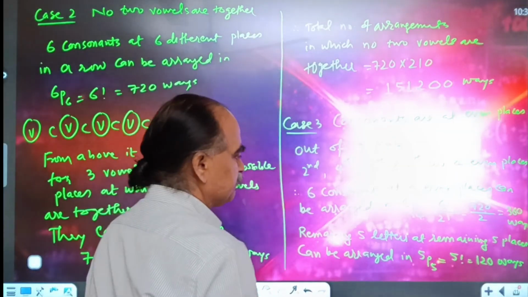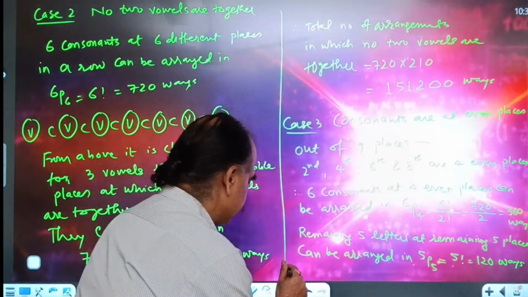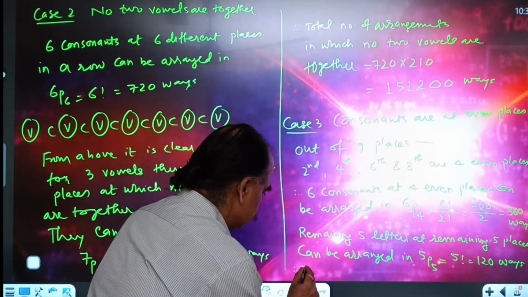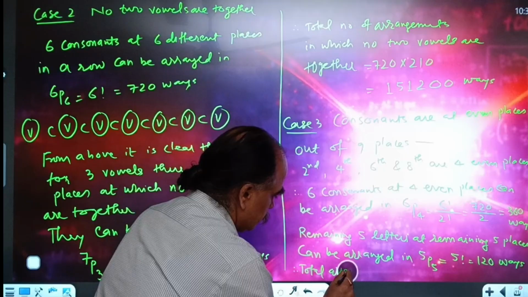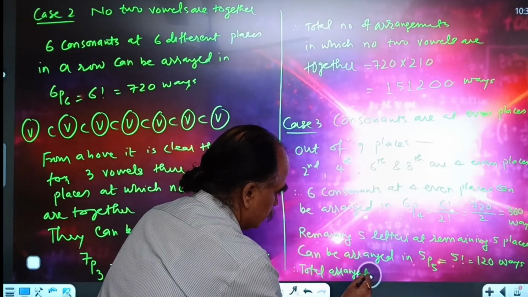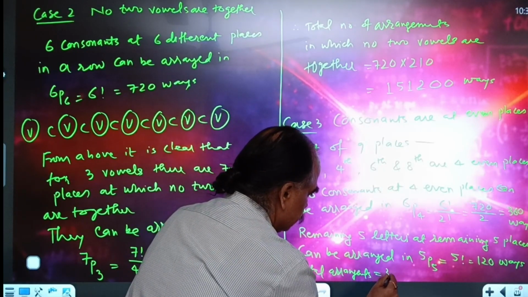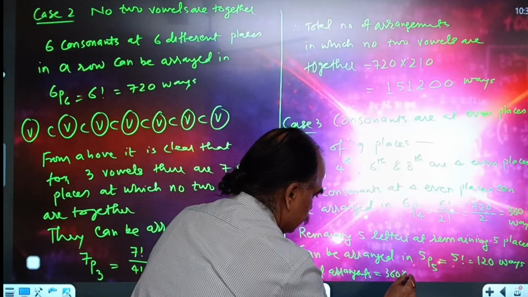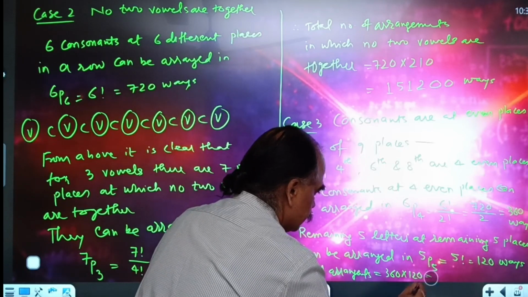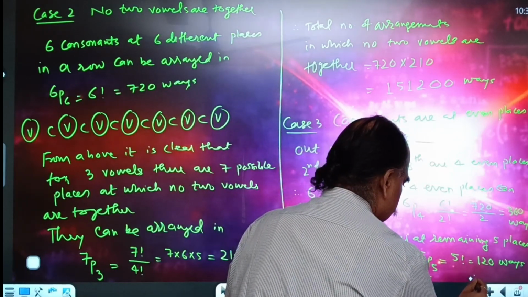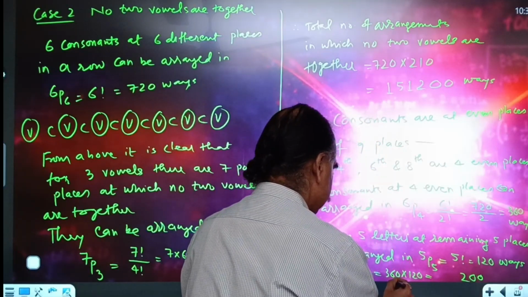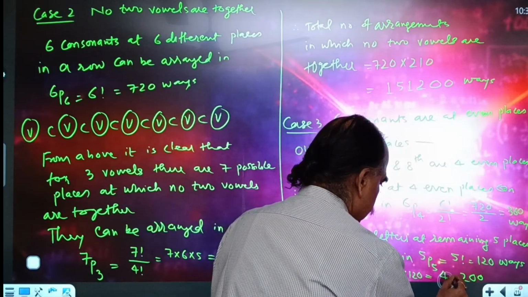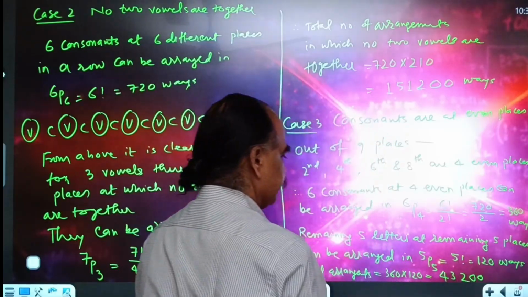So total number of arrangements will be 360 into 120, 43,200 ways.